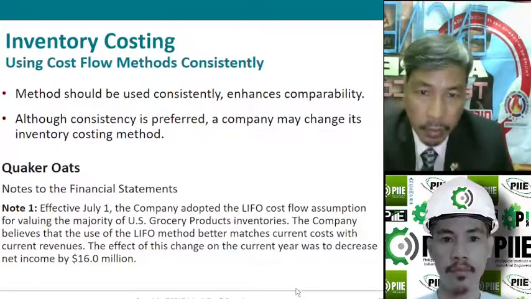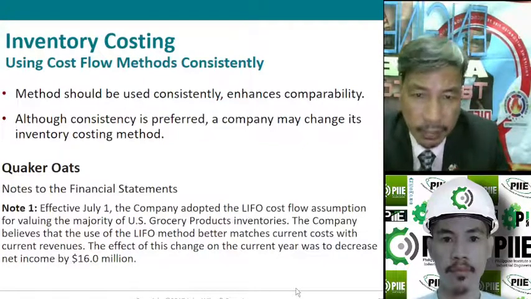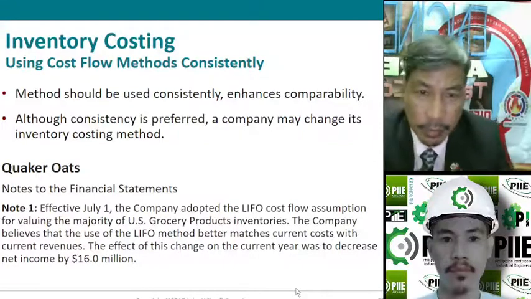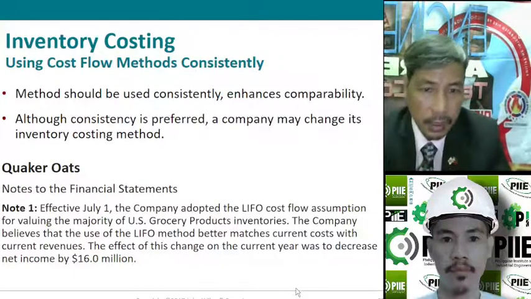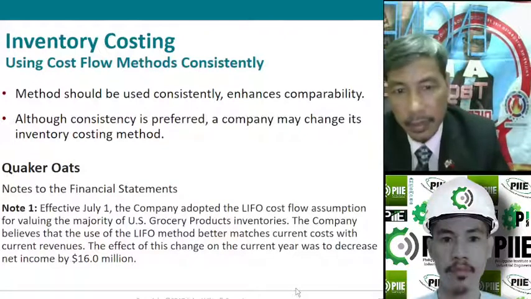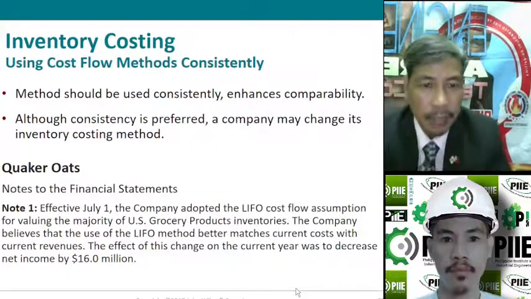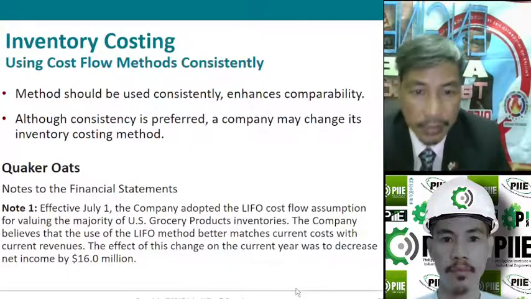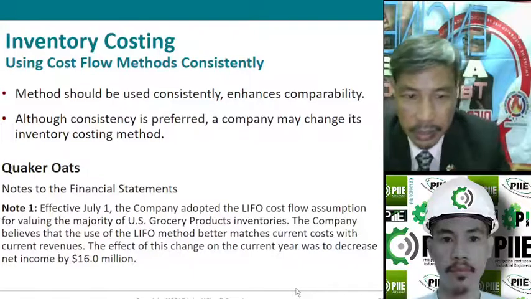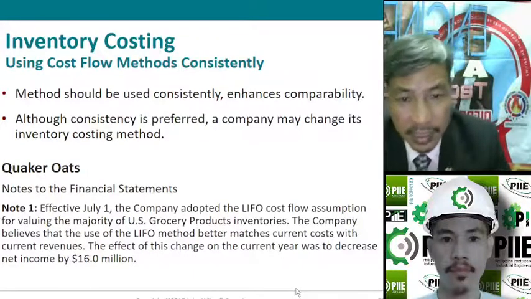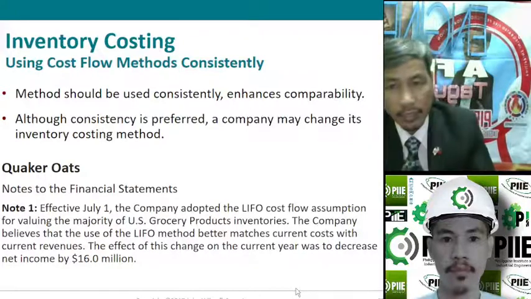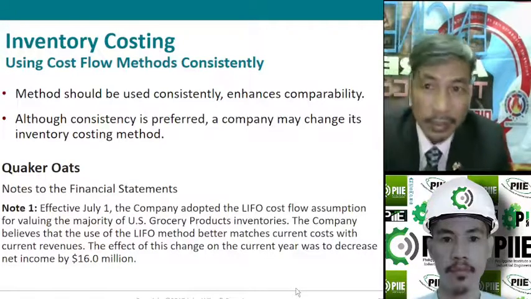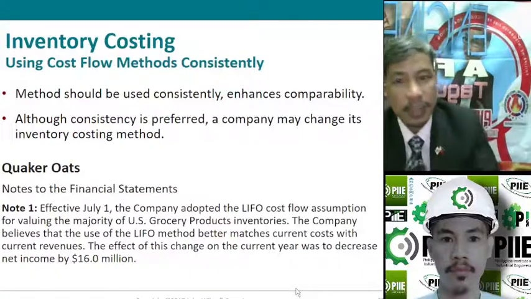Okay, Walker Oates notes the financial statement. Effective July 1, the company adopted the LIFO cost assumption for valuing the majority of its grocery products inventories. The company believes that the use of the LIFO method better matches current cost with the current revenues. The effect of this change on the current year was to decrease net income by $16 billion. And in so doing, they are paying significantly lower taxes.